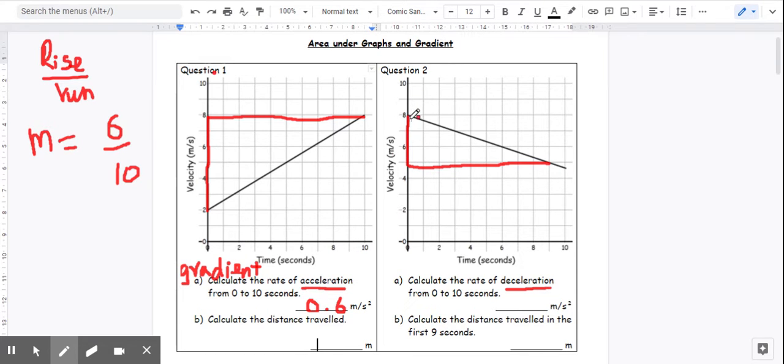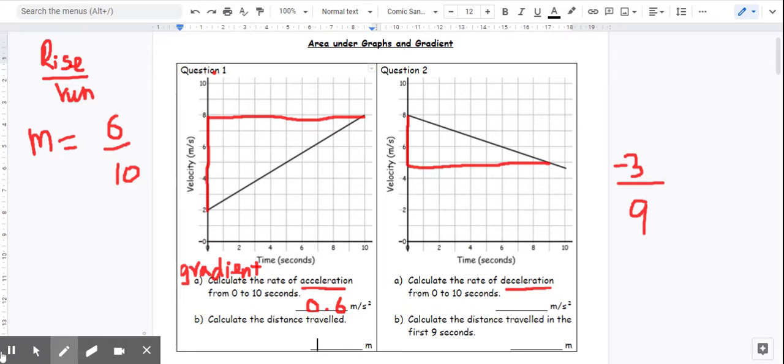So here in this case, it's gone down from 8 to 5, so it's negative 3 divided by the time, which is 0 all the way until 9. That will provide you the rate of deceleration.